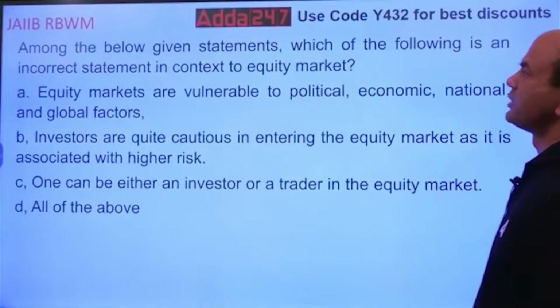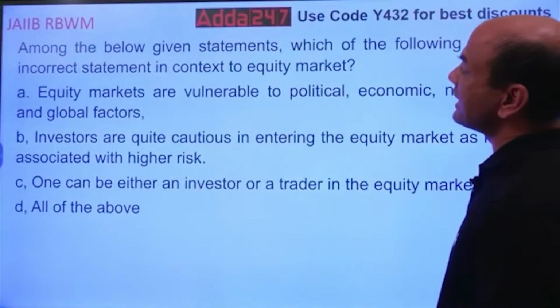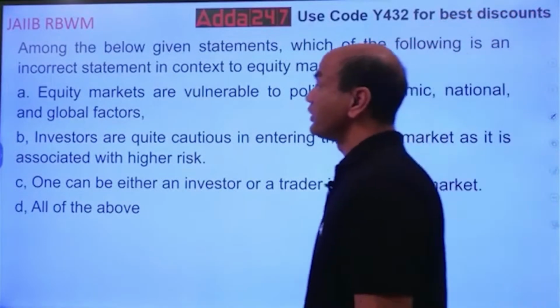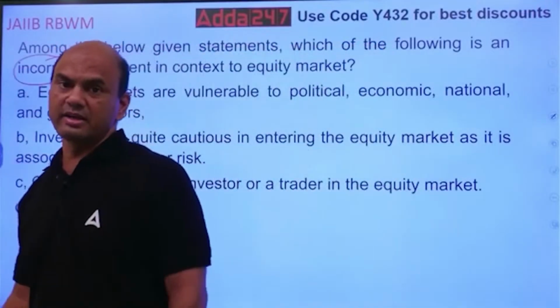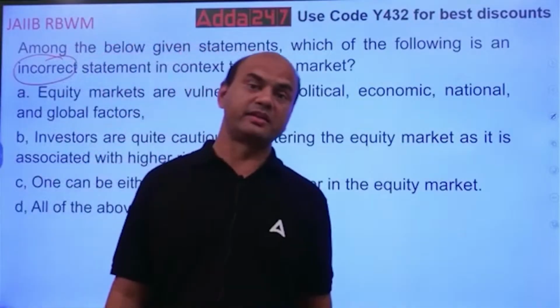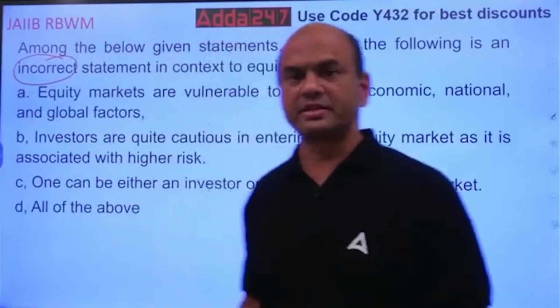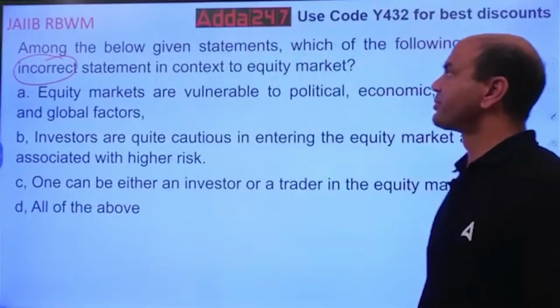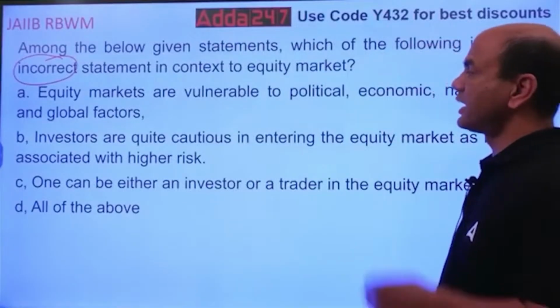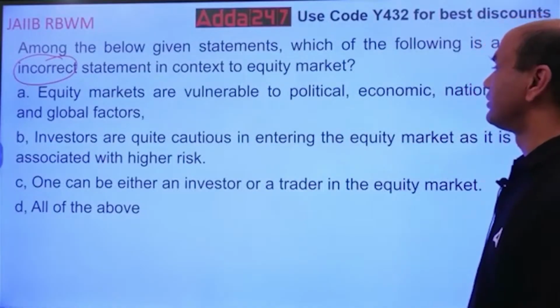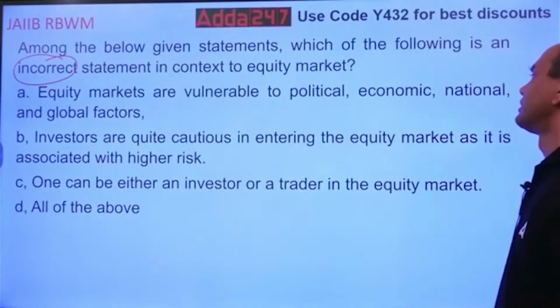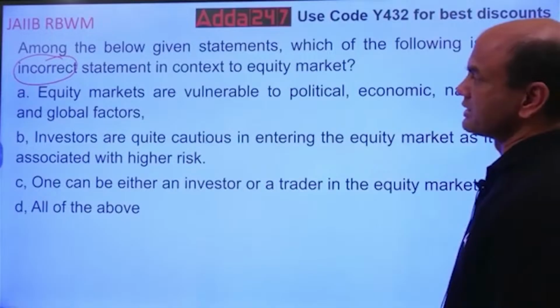Among the below given statements, which of the following is an incorrect statement in context of equity markets? This is from your module D, tax planning, wealth, this topic. So, incorrect with regards to equity market. Equity markets are vulnerable to political, economic, national and global factors.